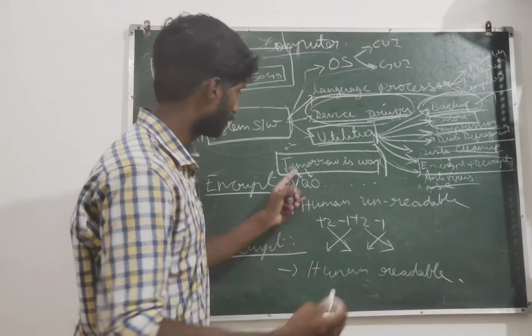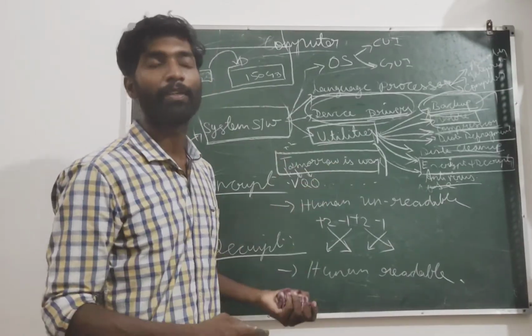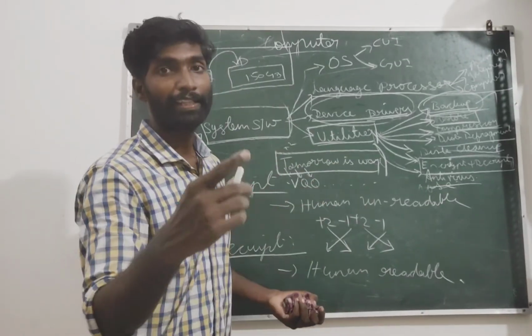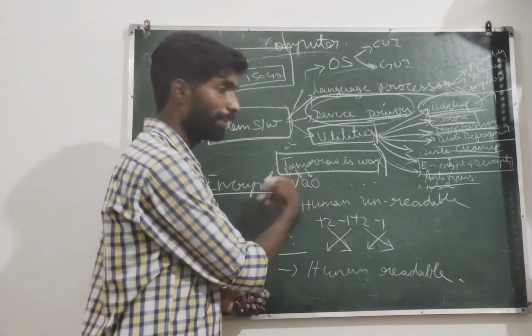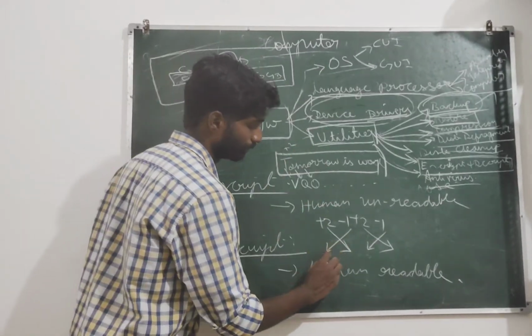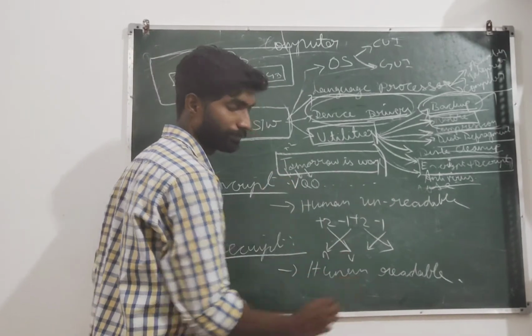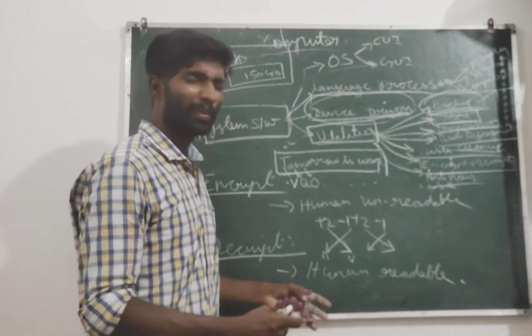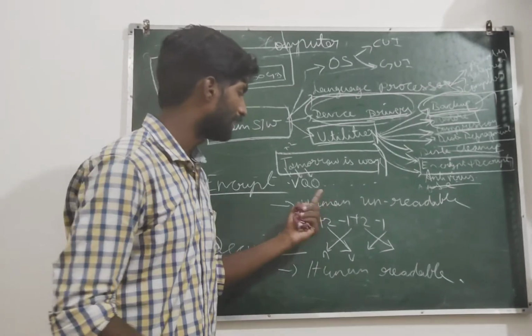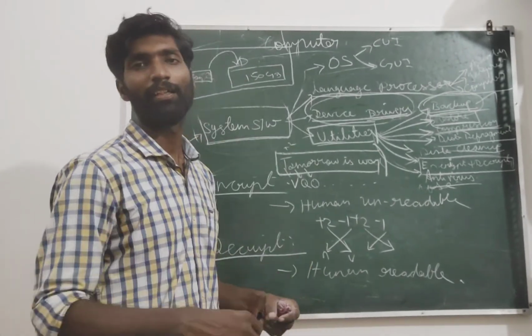After O, minus 1 means before O, what will come? N. O minus 1, N will come. T plus 2 is V, correct? There are many procedures to encrypt.